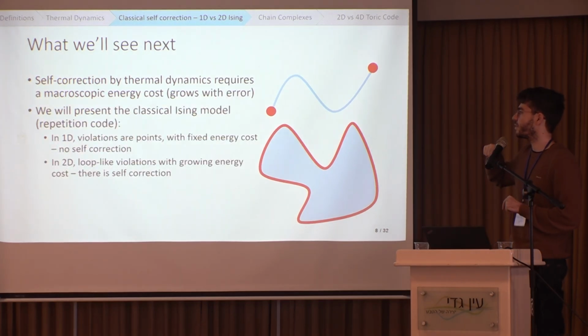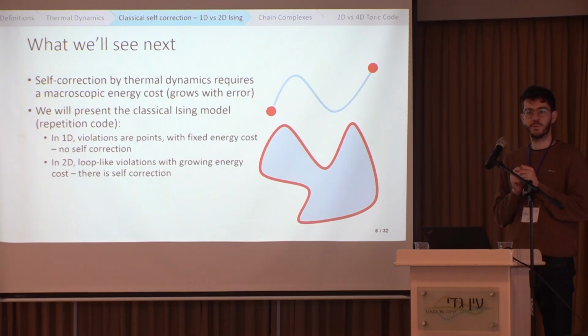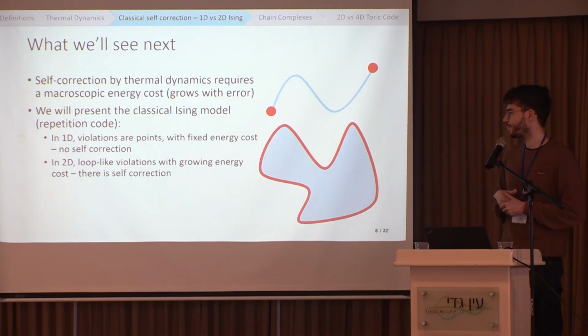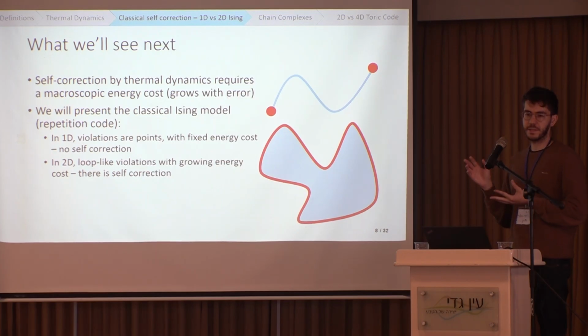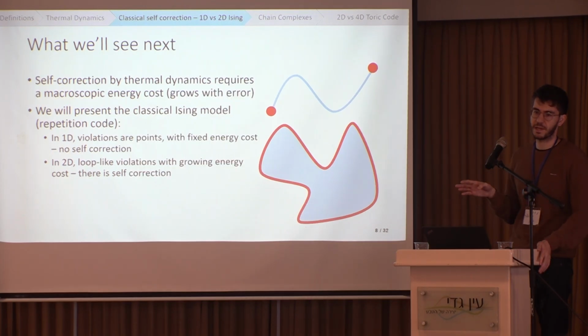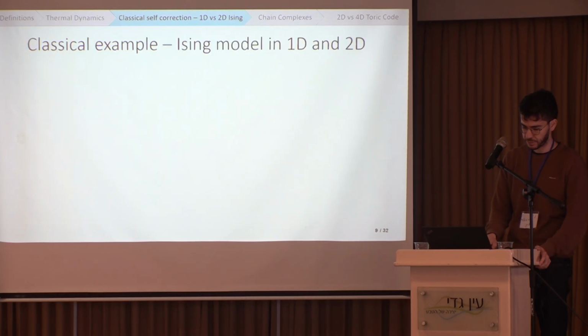And we'll see that in the 1D Ising model, violations are point-like, which means that we pay only a fixed energy cost for a large error, while in the 2D case, violations are loop-like, which means that the cost grows with the error. And in that case, we will have self-correction at a temperature below some threshold. Yes, below some temperature.